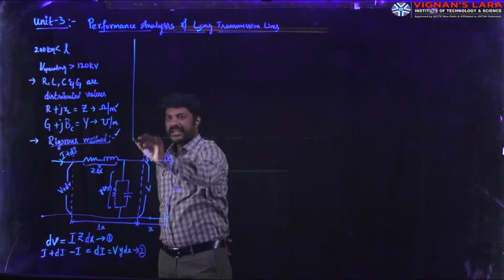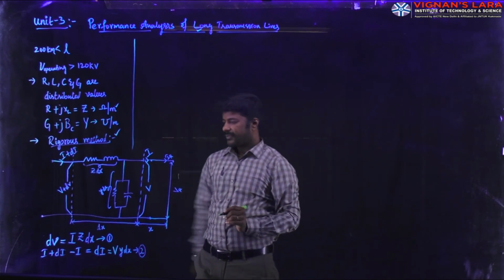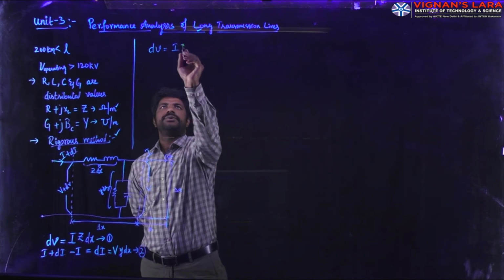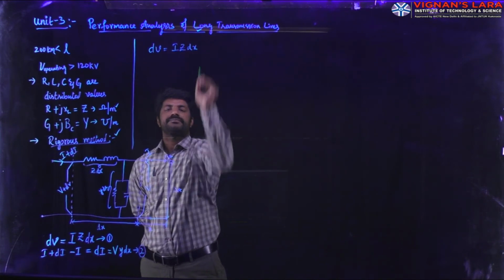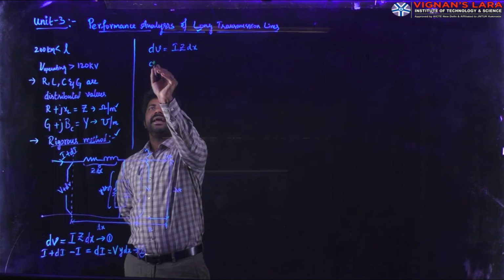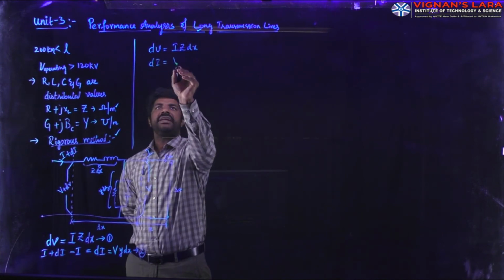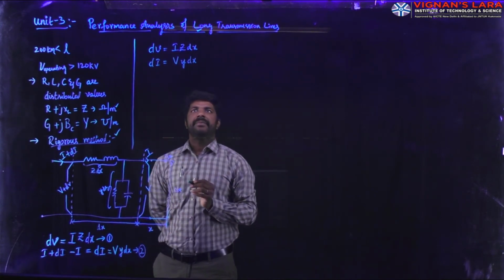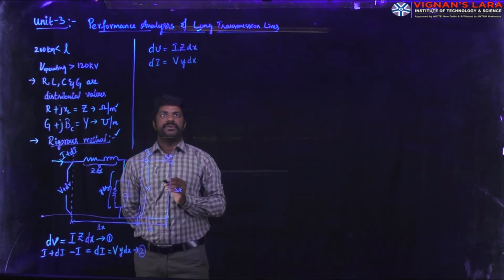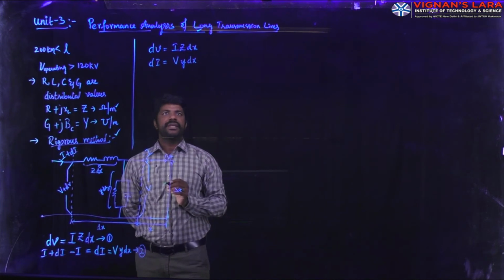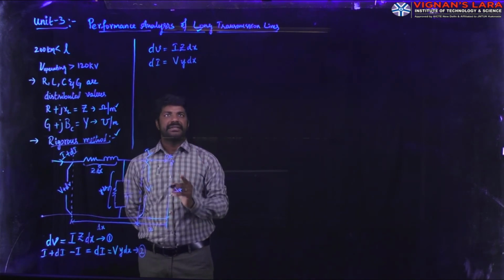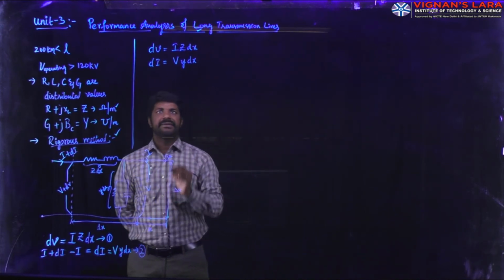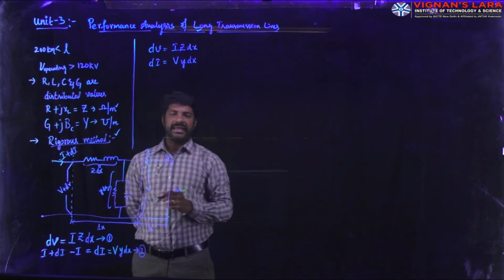So dV is equal to I into Z dx, and dI is equal to V into Y dx, where Z and Y are per meter length impedance and admittance respectively. Z into dx, Y into dx are the net values for that sectional length of series impedance and shunt admittance, giving the dV and dI values.